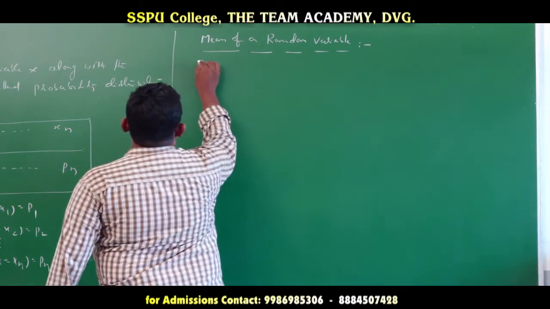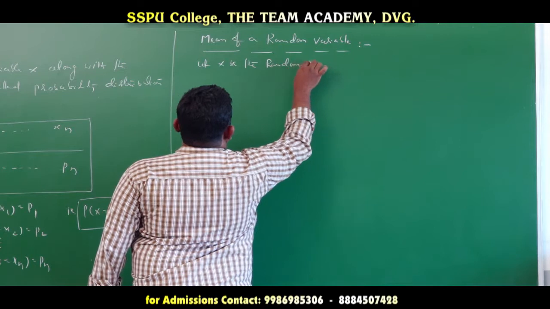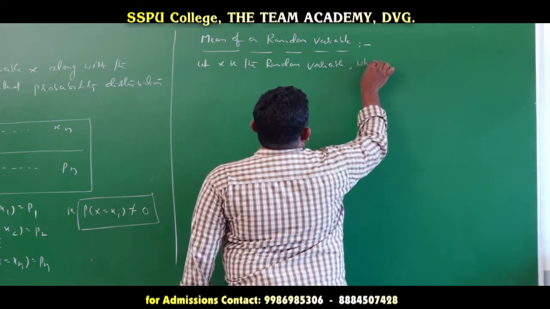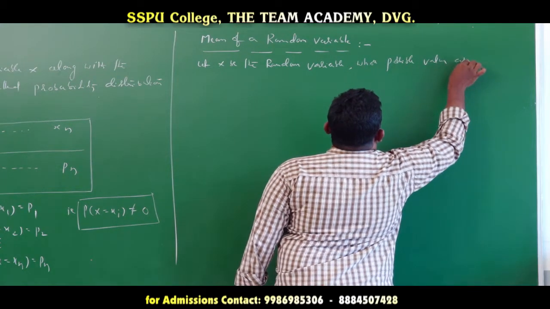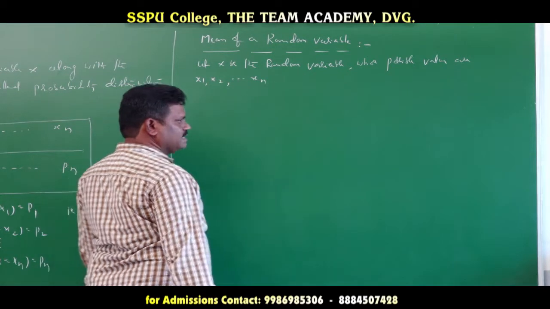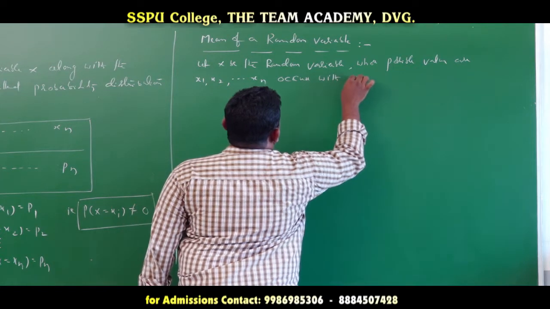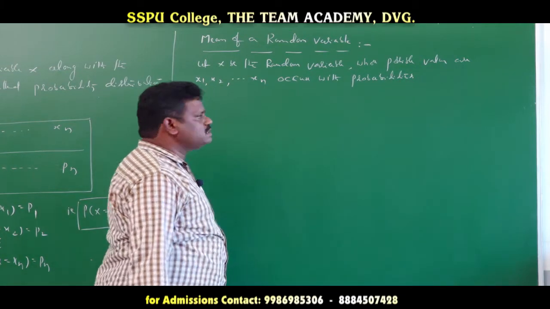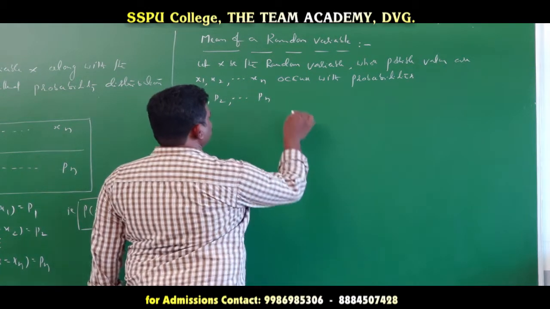Let x be a random variable whose possible values x1, x2, and so on up to xn occur with probabilities p1, p2, and so on up to pn, respectively.